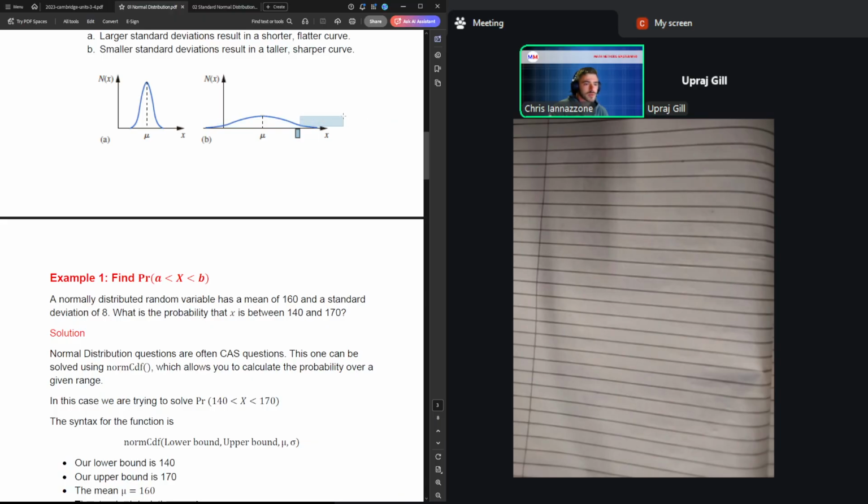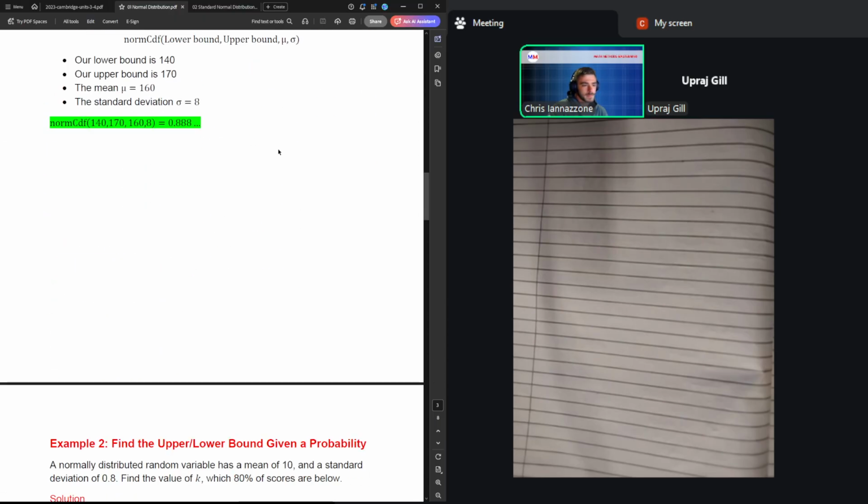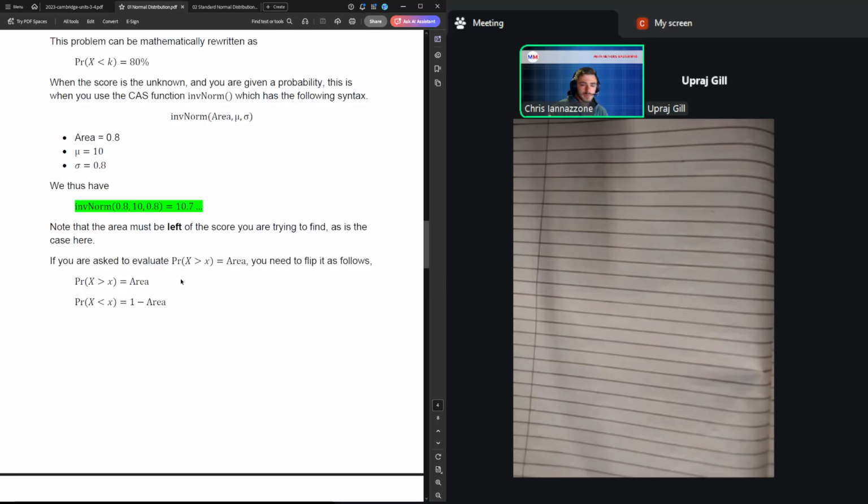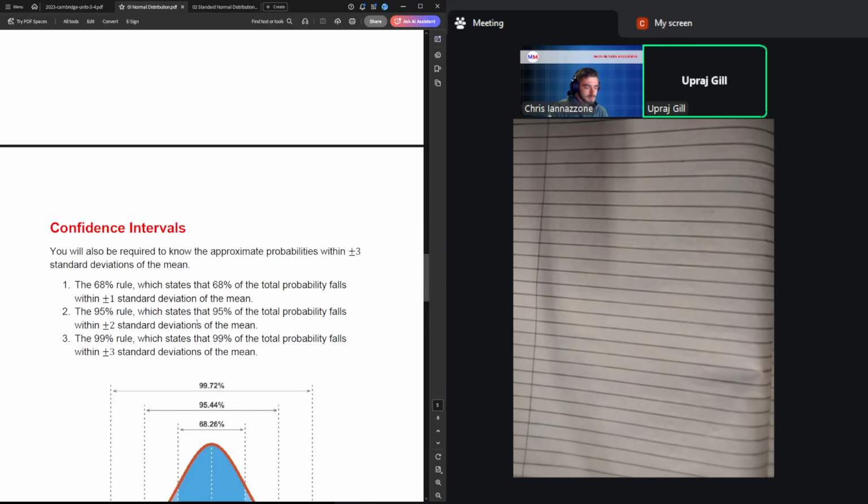Right of k, or greater than k, would be pointing to the right. The thing that you put in the CAS is always the probability on the left. So if I said x greater than k was 20%, the equivalent of that would be to say x less than k is 80%. You just flip that over if necessary. Clear enough? Yeah. Cool.